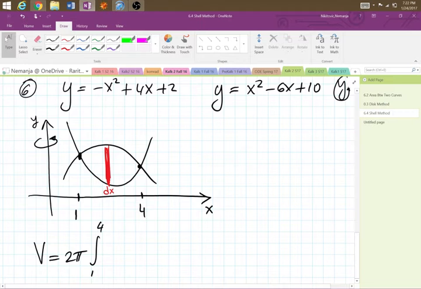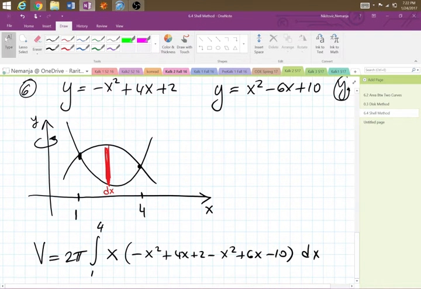It's swiping off x, that's the position. And then you have the height. The height is top minus bottom, which is negative x squared plus 4x plus 2 minus x squared plus 6x minus 10. I just flipped all the signs already, so I'm not writing this 15,000 times.